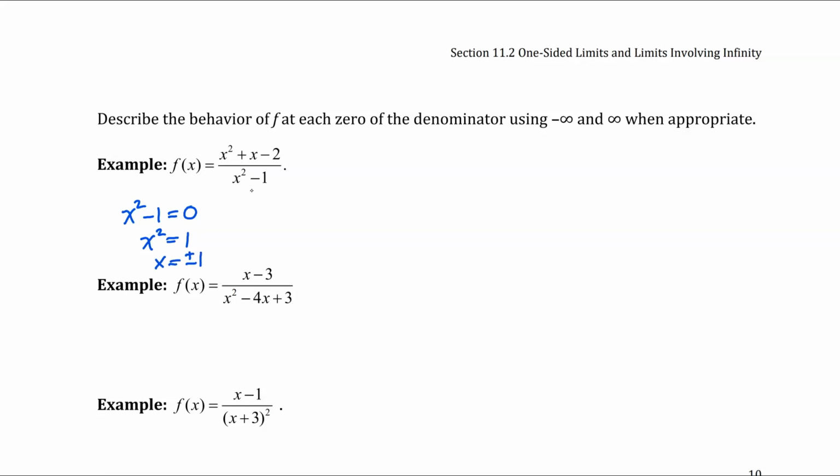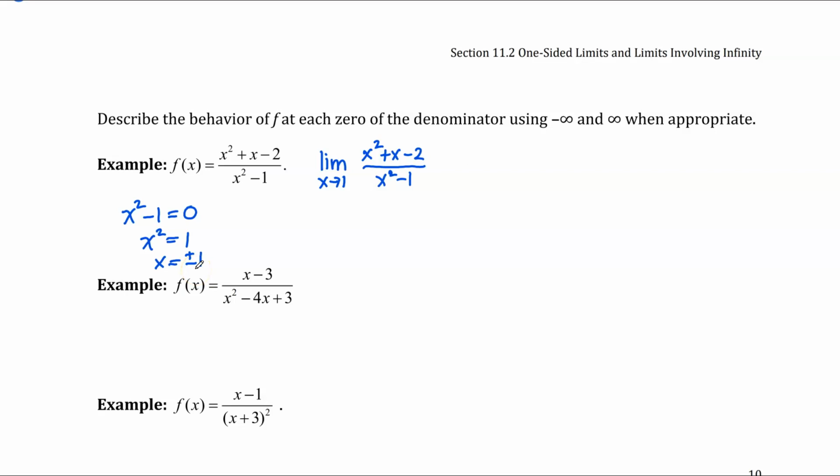Next, let's go ahead and evaluate the limit of the function at these values of x. Say, for instance, we evaluate the limit as x approaches 1. Now remember that the function is undefined at these values of x because the denominator is equal to 0 at these values of x.